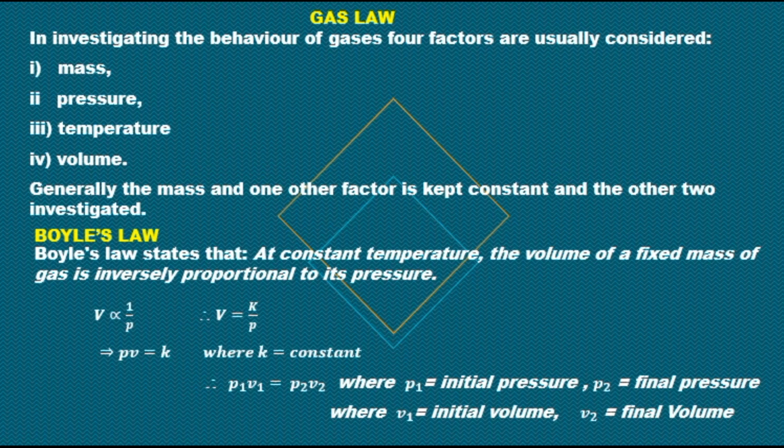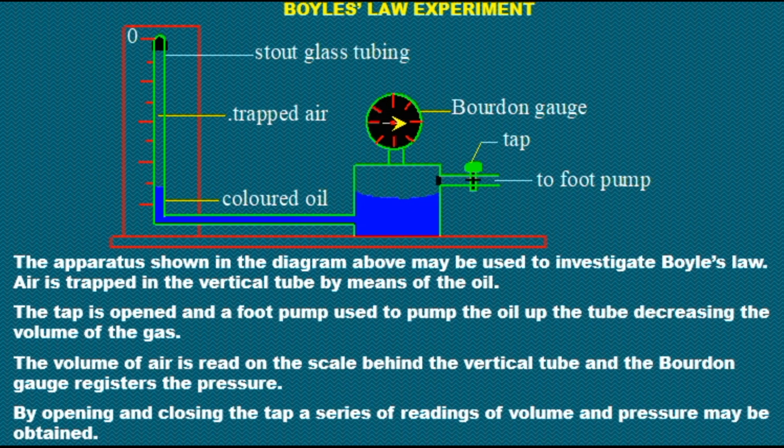Therefore, mathematically, Boyle's law may be written as P1 V1 equals P2 V2, where P1 equals the initial pressure, P2 the final pressure, V1 the initial volume, and V2 the final volume.